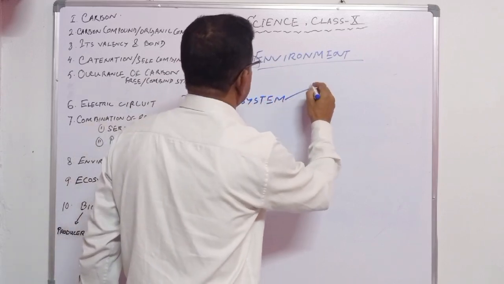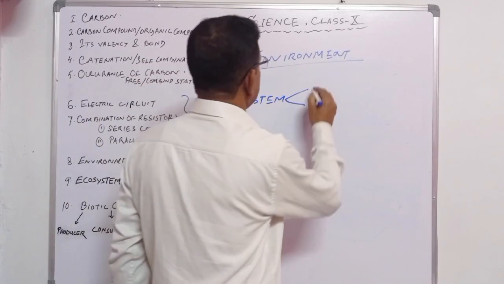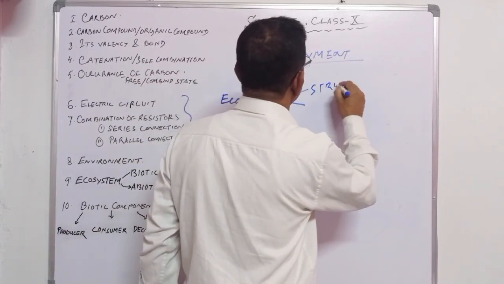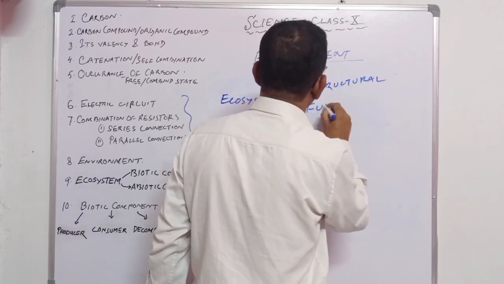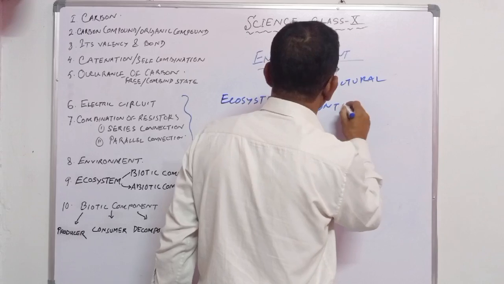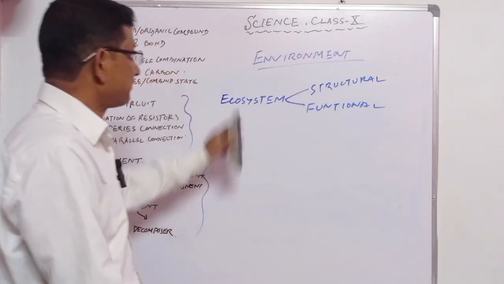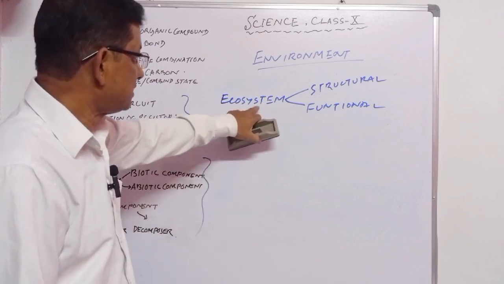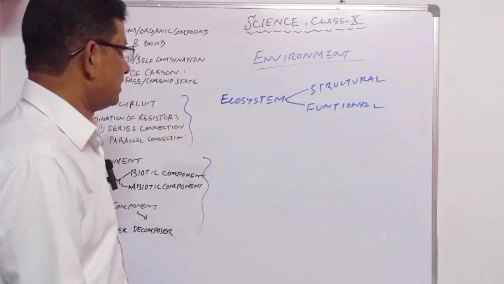So ecosystem is the structural and functional unit of environment. So these are small units, and this is a broad area.